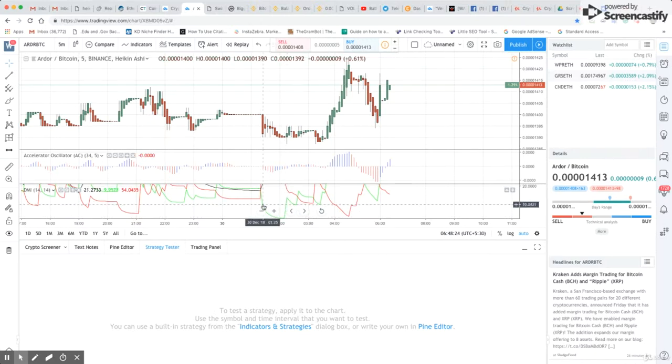So if you could have taken the trade in this region, you see rule number one is fulfilled. That is, the positive DI is less than the 10-point mark. And also rule number two, the accelerator oscillator is printing the bars on the downside. So this fulfills our rule number one and rule number two.